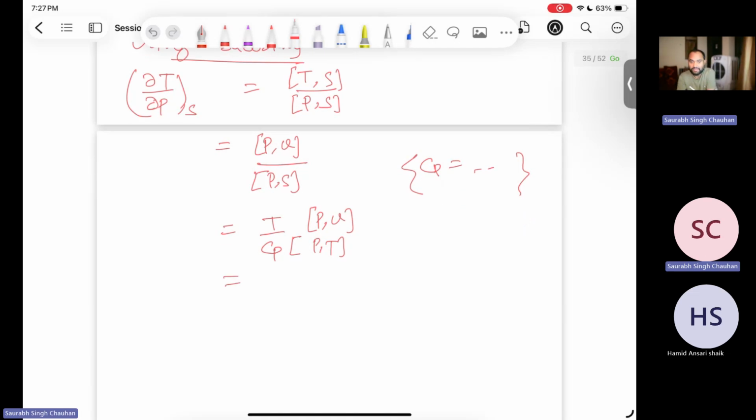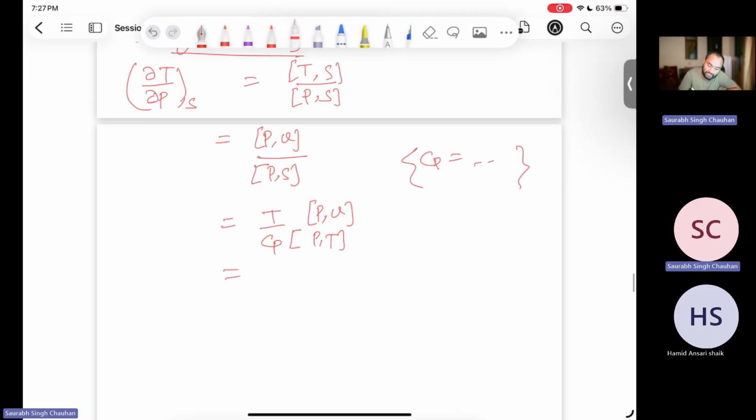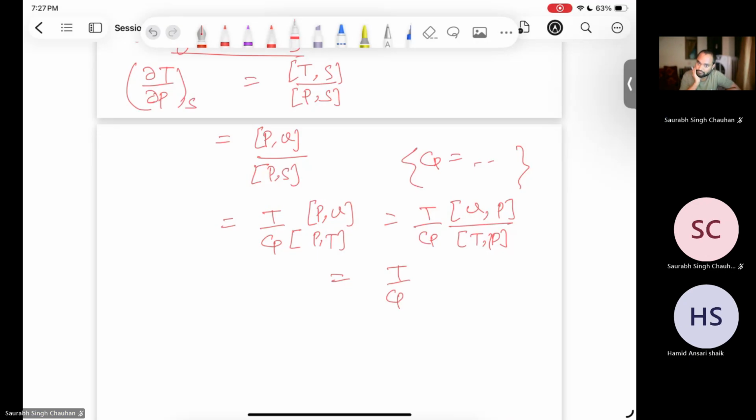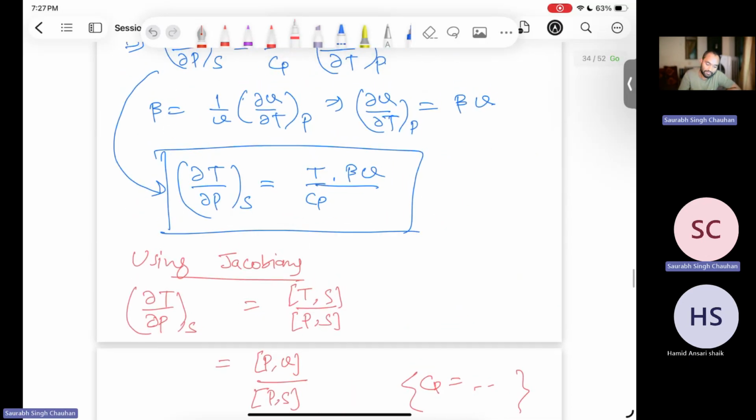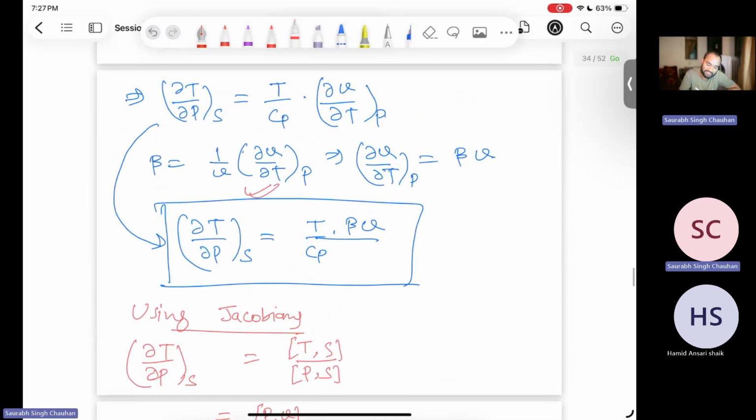Now P is repeated. We can also flip the sign once, so it will be V comma P divided by T comma P. So P is repeated, that means it is constant, and we have to take the derivative of V with respect to T. So we will reach there. That's what we have got.